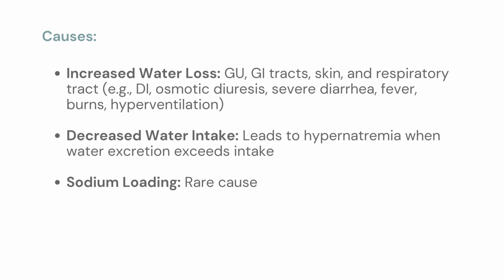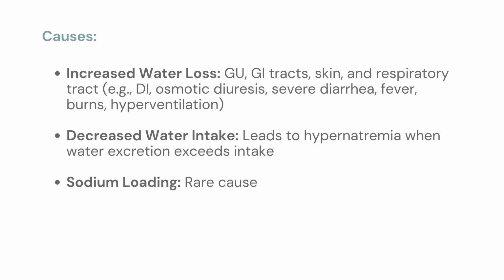As we already discussed, the causes of hypernatremia can depend on water loss, reduced water intake, or sodium loading. Increased water loss can be seen through the genitourinary tract, gastrointestinal tract, skin, and respiratory system, and common examples are diabetes insipidus, osmotic diuresis, severe diarrhea, fever, burns, and hyperventilation.